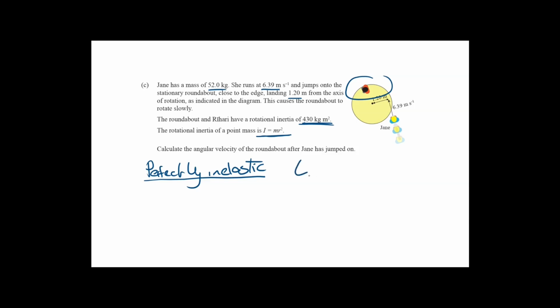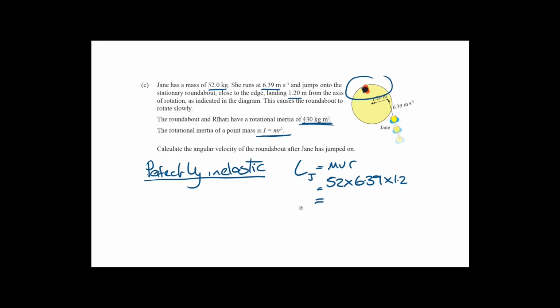The angular momentum that Jane puts into it is going to be mvr: her mass, 52 kilograms, times her velocity, which is 6.39 meters per second, times the radius from the center, and it tells us that this is 1.2 meters. And that's going to come to some number.